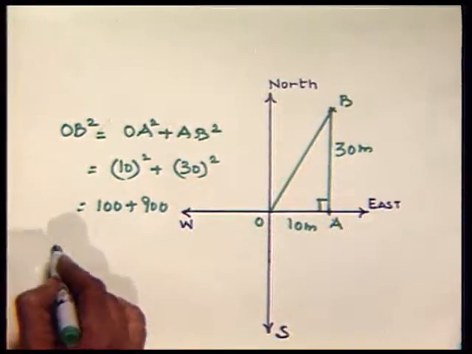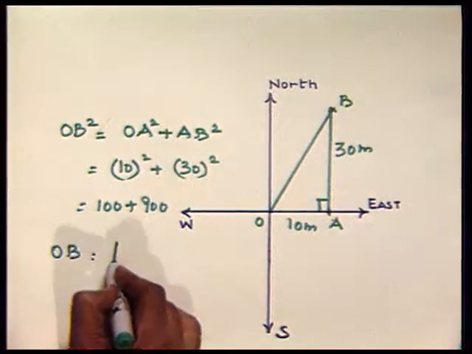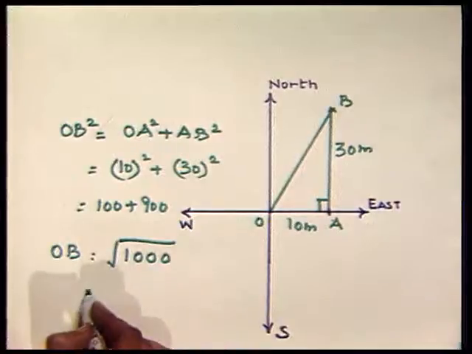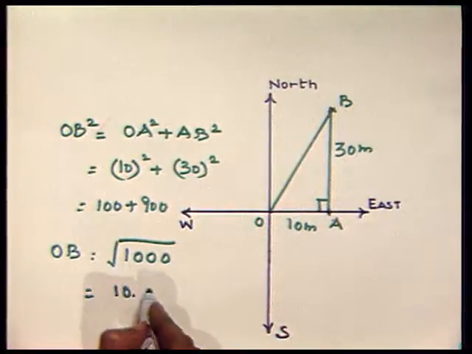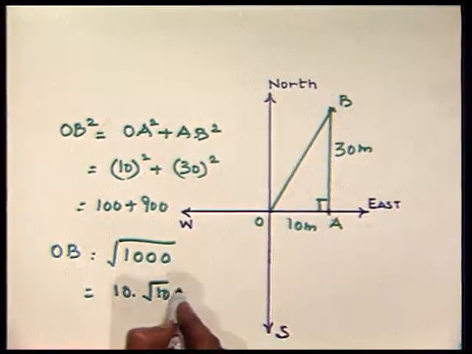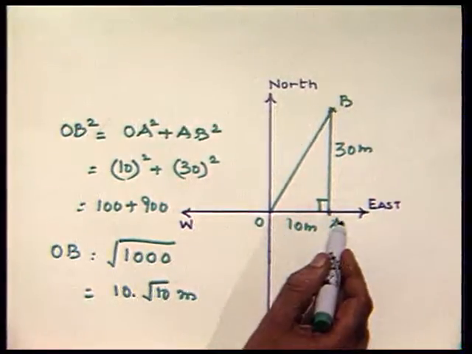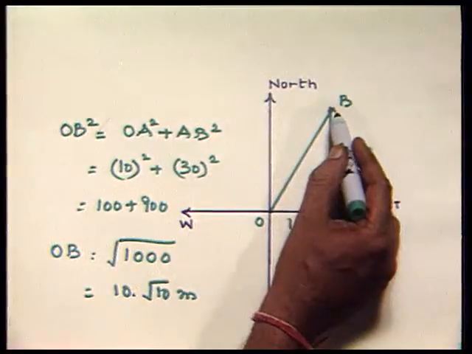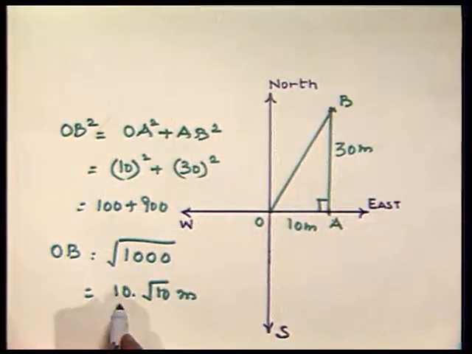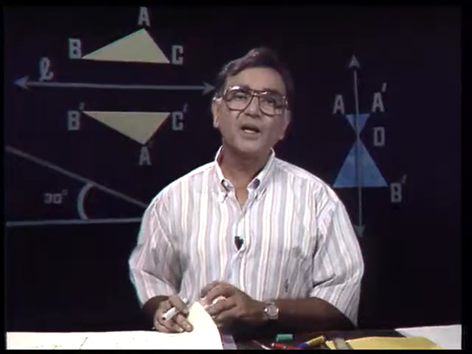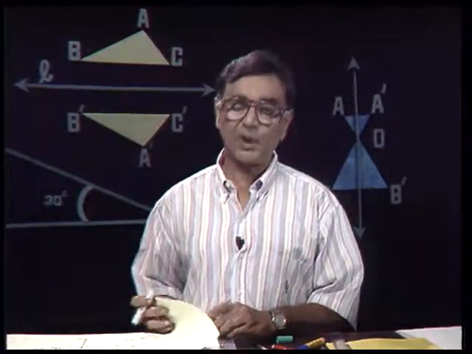So, OB will be equal to square root of 1000, and that is 10 root 10 meters. So, the man who moved first 10 meters towards east and then 30 meters towards north is at a distance of 10 times root 10 meters from his starting place. This is how we applied Pythagoras theorem to one of the problems.